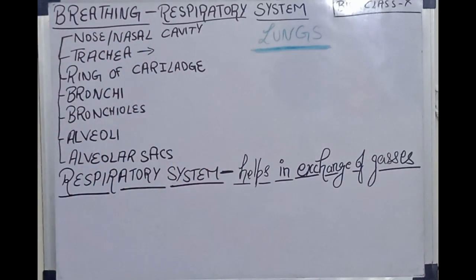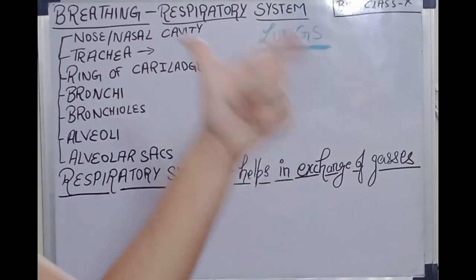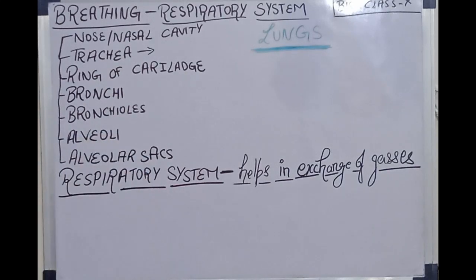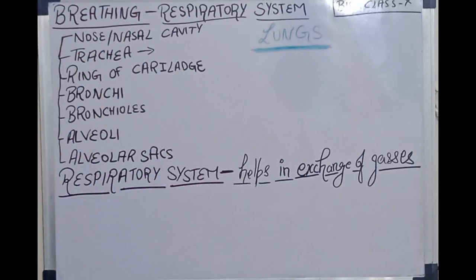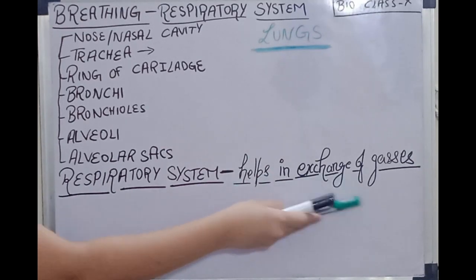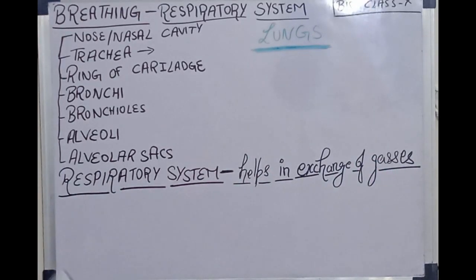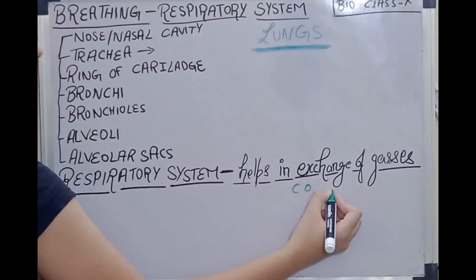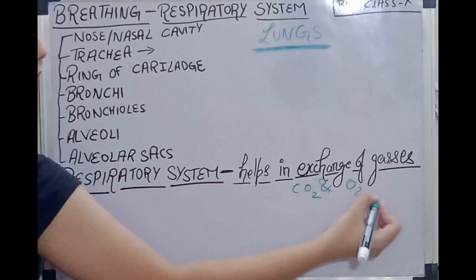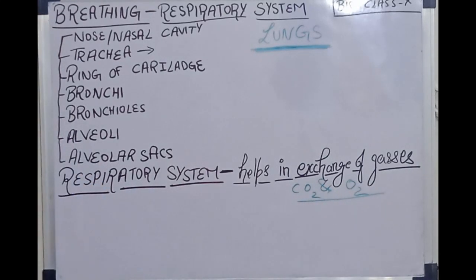So the inhalation of oxygen helps us carry out respiration, and then the product of respiration, carbon dioxide, we exhale. So breathing can be interlinked with the respiratory system. Here I have written: respiratory system helps in exchange of gases, CO2 and O2, carbon dioxide and oxygen.